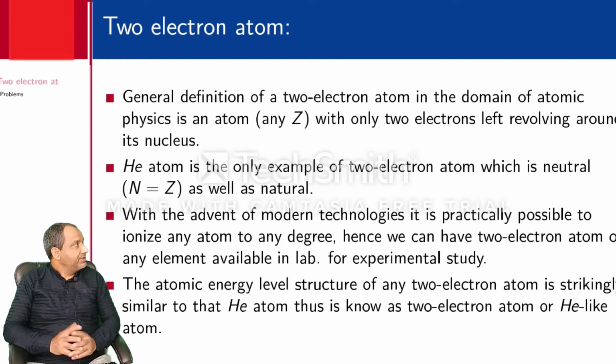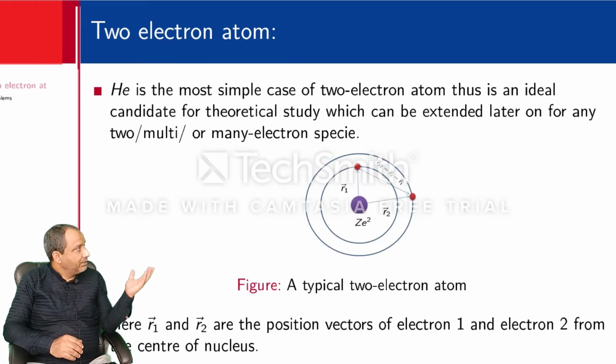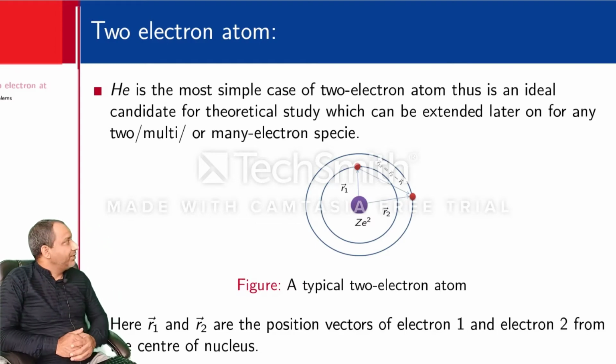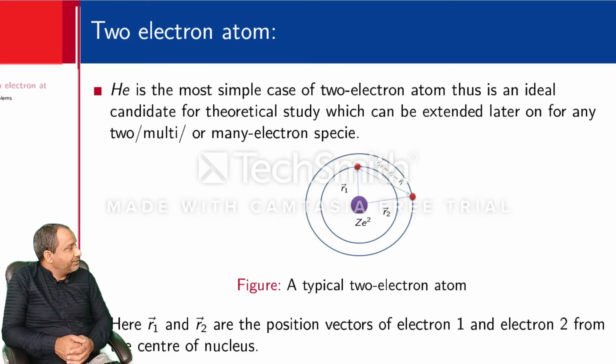Now we will look at a simple 2-electron atom. Look at this diagram. There are 2 electrons revolving around the nucleus at relative distances r1 and r2 from the center of the nucleus. We always take the nucleus here as a point object. We don't look into the nucleus.